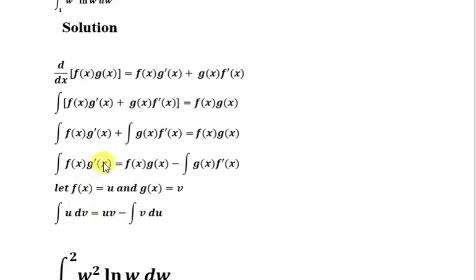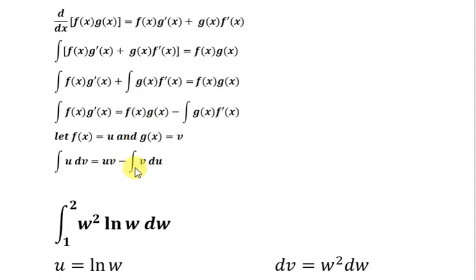Remember, we have differentiated it, therefore we write dv, because g of x is v, equal to u times v, the original form, since f of x is u and g of x is v, minus the integral of g of x, which is v, times the differential of f of x, which is f prime of x, being du. Good.